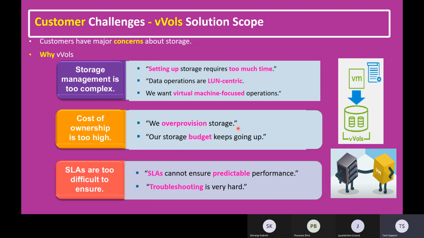And also if we configure the entire storage box with RAID 10, RAID 10 minimum requirement is 4 hard disks, and maximum we can create any number of hard disks. But when we create a minimum of 4 hard disks for each virtual machine, the physical hard disk loss will be very high. So that is nothing but over provisioned storage, and our storage budget keeps going up.